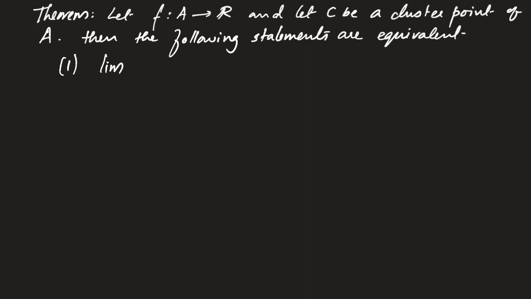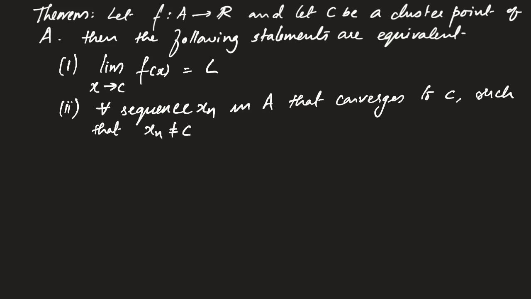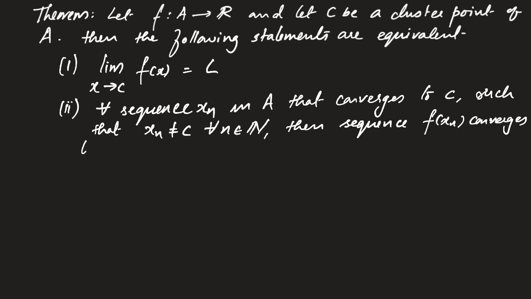One, limit x tends to c of f of x is equal to L. Two, for every sequence xn in A that converges to c such that xn is not equal to c for all n in N, the sequence f of xn converges to L. I will not prove this theorem because the proof is very similar to what we saw in the previous video.